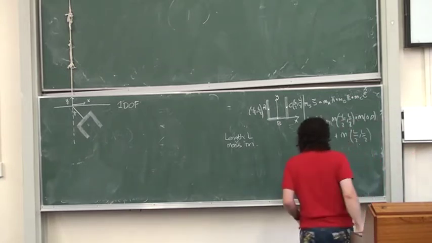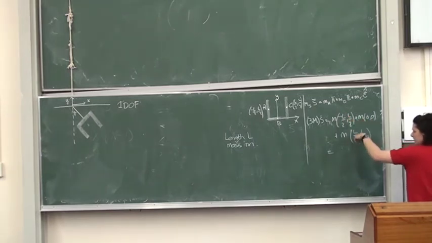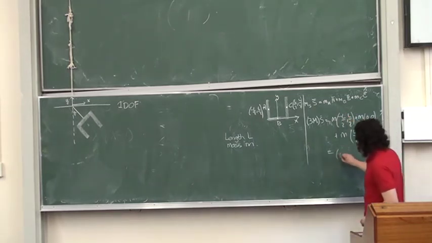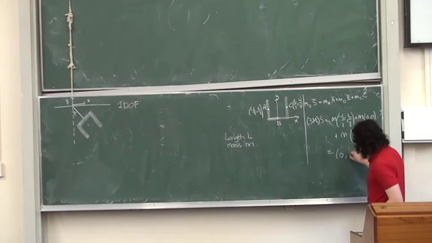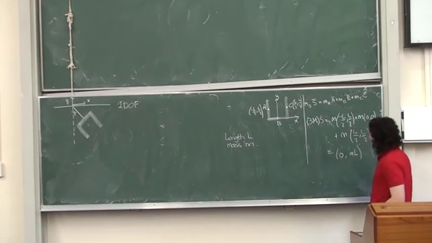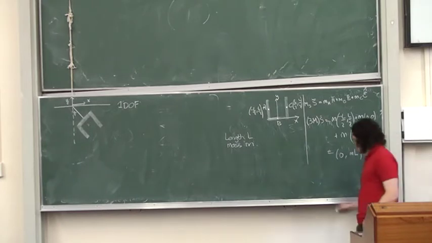The sum is m times minus L over 2 plus m times 0 plus m times L over 2, well that's 0. M times L over 2 plus m times 0 plus m times L over 2, that's m times L. So 3m times S bar is equal to mL and 0.